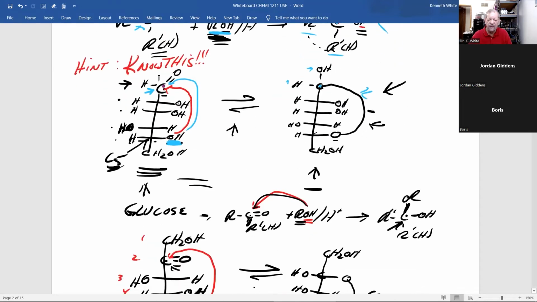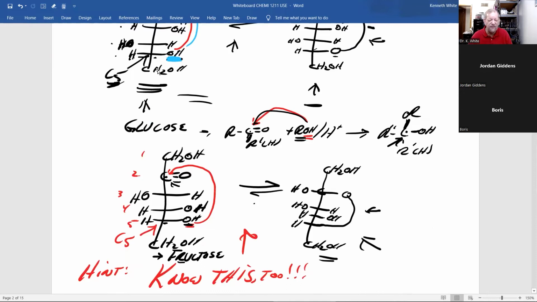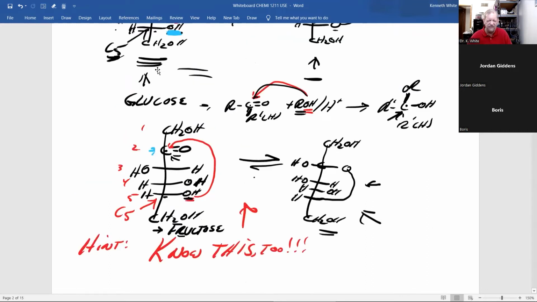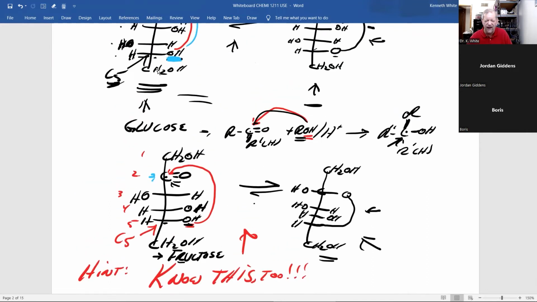And with a fructose molecule, instead of having an aldehyde, the carbonyl is right here. And again, same reaction, the alcohol attacks the carbonyl carbon, which is this right here. It's always this alcohol on carbon 5, C5, and it attacks, and you form a carbon-oxygen bond, this right here.